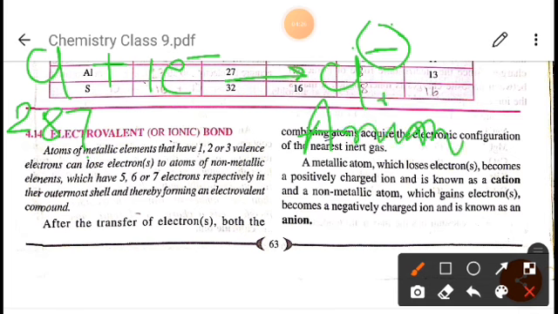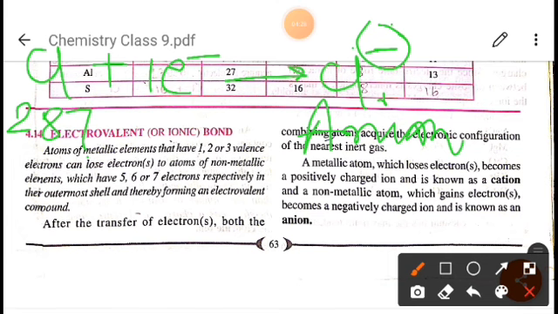So I hope you have got the idea of which is called an anion and which is called a cation. If an atom is giving its electron, it is converting into a cation, and if it is accepting an electron, it has converted into an anion.